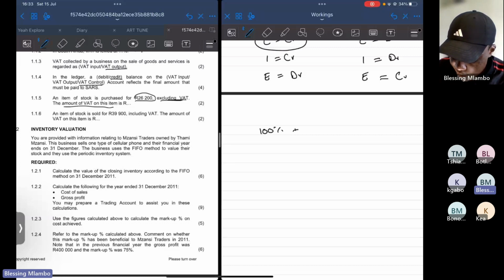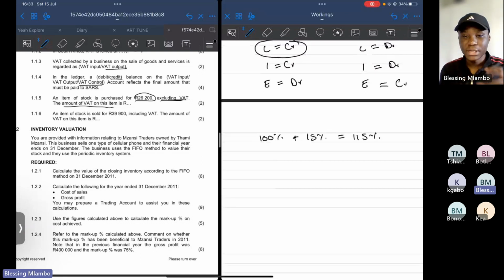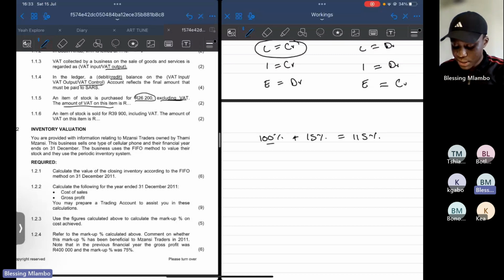And then we charge additional VAT on it, which is 15%. And then we arrive at the price which the customer pays or we pay when we're buying from the supplier, right? So when something is excluding VAT, it means that it's 100%. When something is including VAT, it means that it's 115, right? So this is excluding VAT, this is the VAT percentage, this is VAT inclusive.